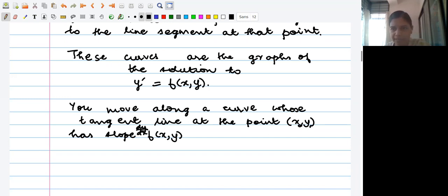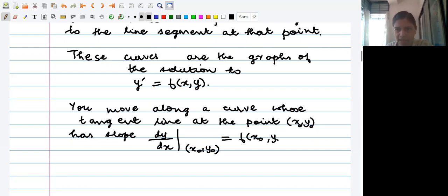Maybe for clarity, I will write x naught, y naught here. So the slope at the point (x0, y0) is the function f evaluated at the point (x0, y0). So what you do by direction field is you draw the tangent line first, and then how do you get this curve? This curve is exactly the curve whose tangent lines is what you have plotted.